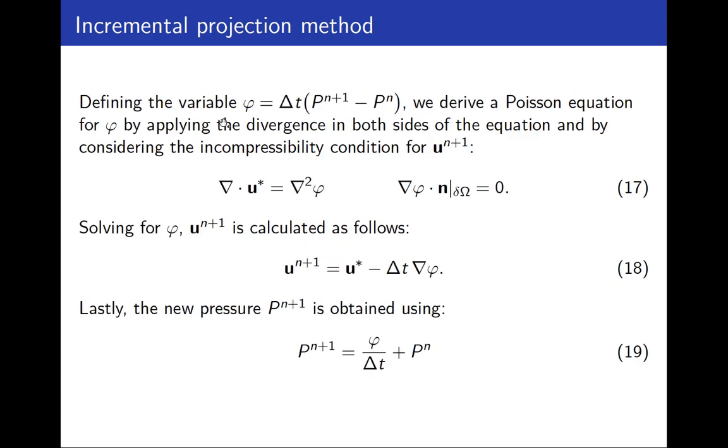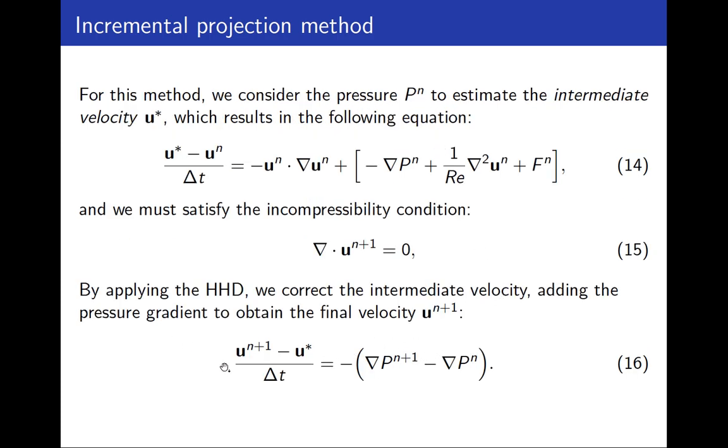Let's define a variable, which we will call phi, which is just the product between delta t and the pressure difference. Then we will derive a Poisson equation, now in terms of phi. We derive this equation by applying the divergence operator on both sides of this equation.